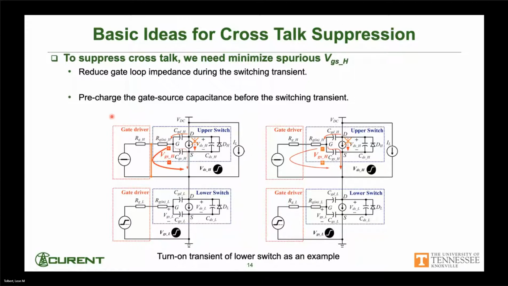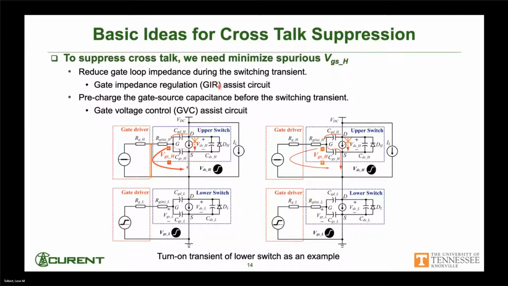One of the things that we can do is pre-charge the gate source capacitance in advance of that switching transient, or we can reduce the gate loop impedance during that switching transient. So I'm going to cover a couple of these different options here, and we're actually going to see that this second option seems to be the better one, at least in most instances.